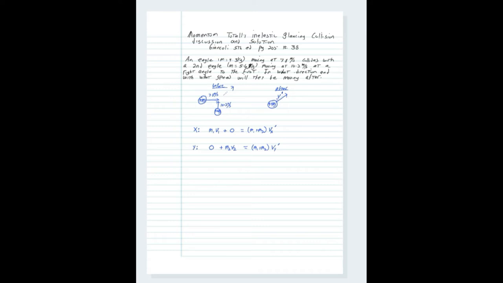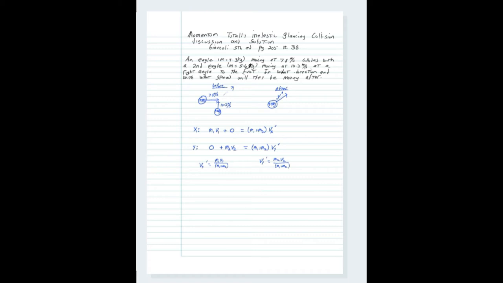Okay, so to solve for Vx prime, I'm going to have m1v1 over the total mass, and Vy prime is going to be m2v2 over the total mass. So we can find those values.